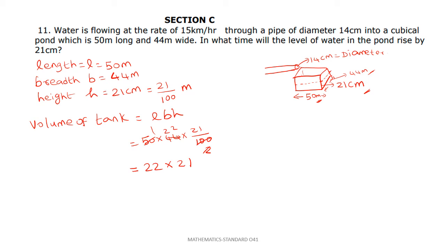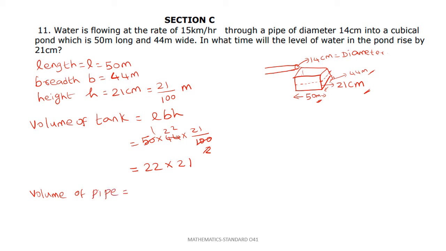Now, we have a pipe which is having 14 centimeter as diameter. And we want to fill this much volume in the tank. So both must be equal, right? So let's write volume of pipe. So what is the volume of pipe? The pipe is in the shape of a cylinder.